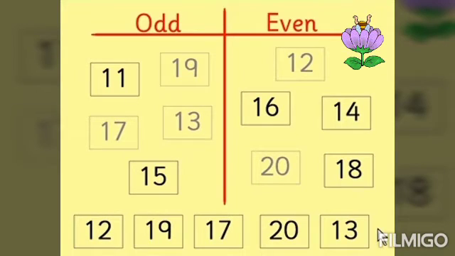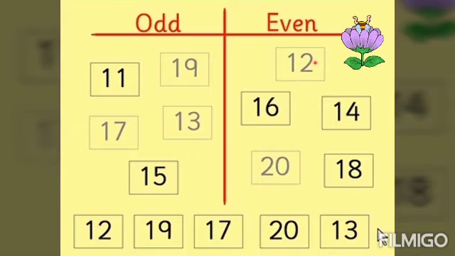Okay, take a look at this one. We have here another example of our odd and even numbers. In this column are all odd numbers. Why? Because they are 11, 17, 15, 19, and 13. And then these are all even numbers.